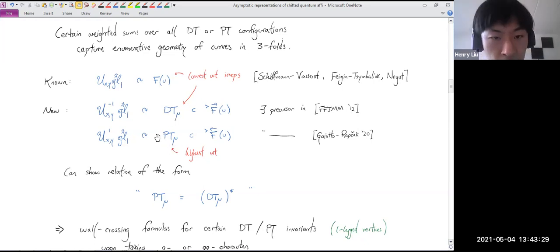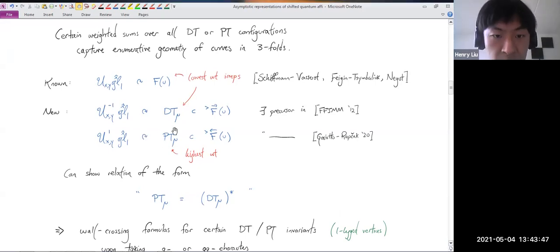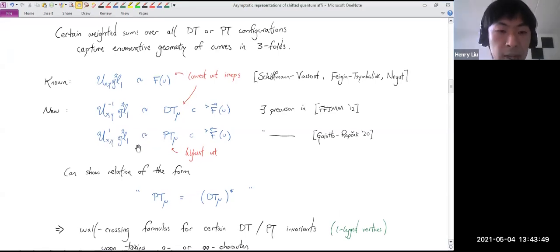And we also think about PT in the exact same way, but because we took the complement, if you add boxes to the actual configuration, you're subtracting boxes from the actual thing which we care about inside PT. So it will be a highest weight representation of this shifted GL1.